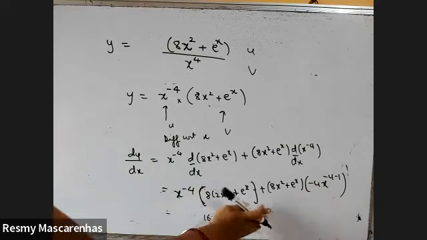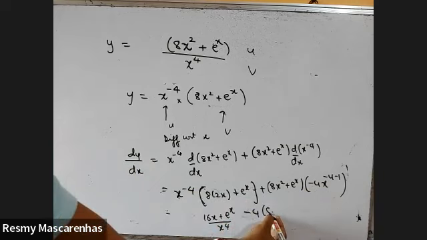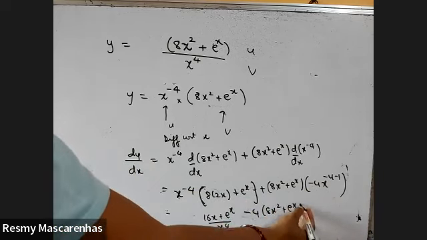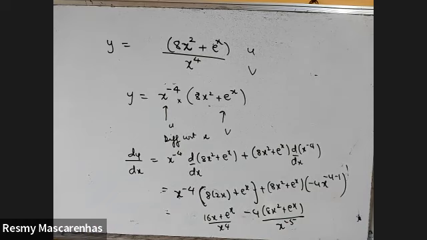I can keep it as it is. Minus 4 and minus 4 I'll bring this side. 8x square plus e raised to x. X raised to minus 5 I'll take it down. So it will become x raised to 5.